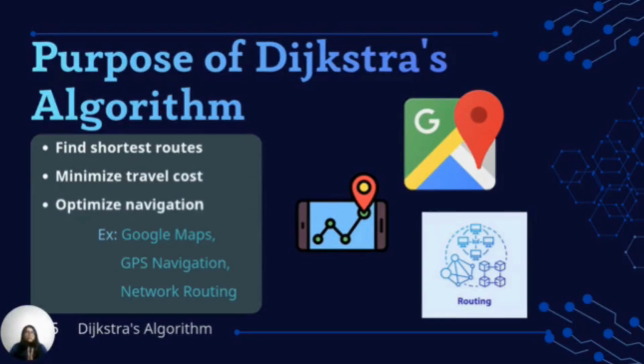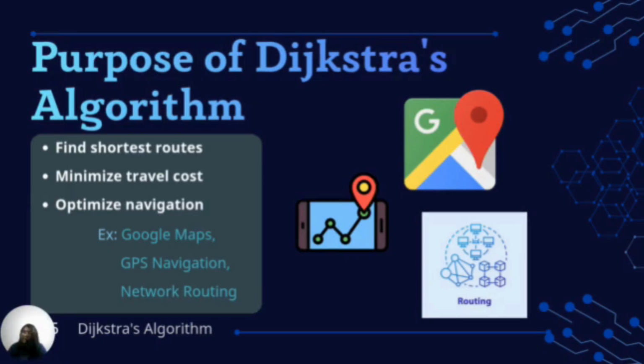Why do we use Dijkstra's algorithm? Its main purpose is to find the shortest route between locations. Finding the shortest route helps save time, distance, fuel, and money. For example, Google Maps uses shortest path algorithms to suggest routes.